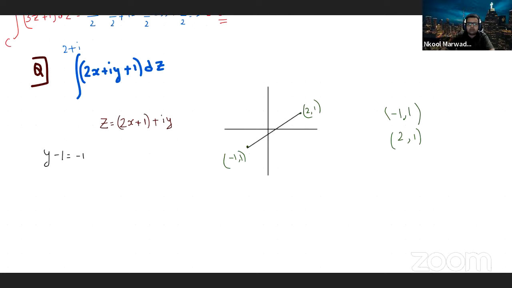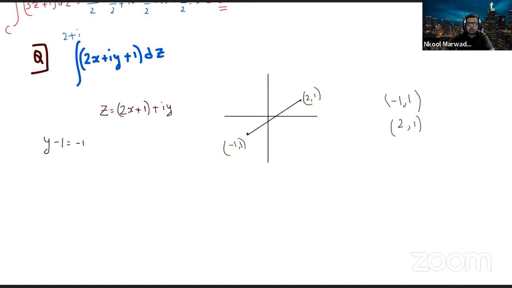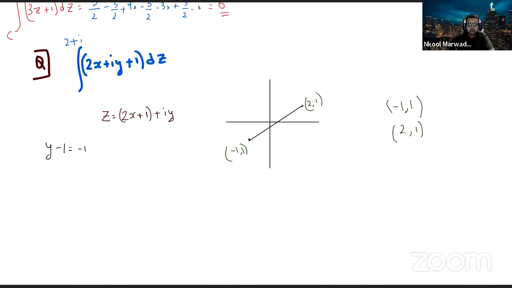So basically we are doing the contour integrals, and now we have to do one more question. Let me rewrite that question once again properly.